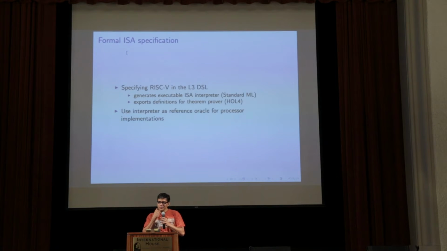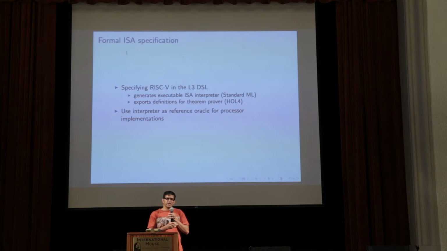So let's get to the formal ISA spec. The way I've been doing it is trying to use the L3 DSL, a domain-specific language for specifying instruction sets. It's a nice DSL from Cambridge. It allows you to specify an ISA and then use the specification for two purposes. You can generate an executable interpreter for the ISA, so you can actually run binary code using that interpreter.